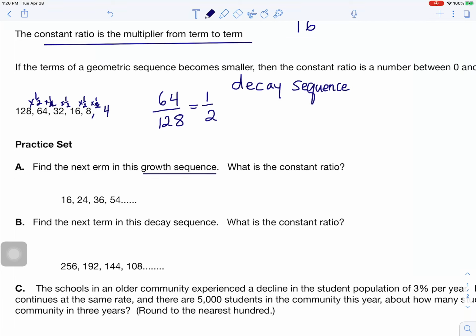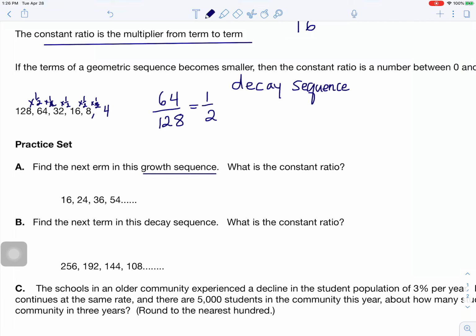So practice set. Let's go through the practice set for the lesson. Talking about a growth sequence. What is the next term in this growth sequence? In order to find it out, we have to figure out our ratio. Our ratio would be 24 over 16. We can divide both of these by 8 easily, and so we get 3 over 2, or 1.5.